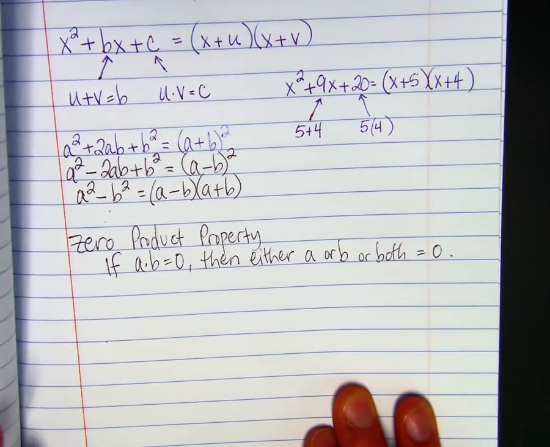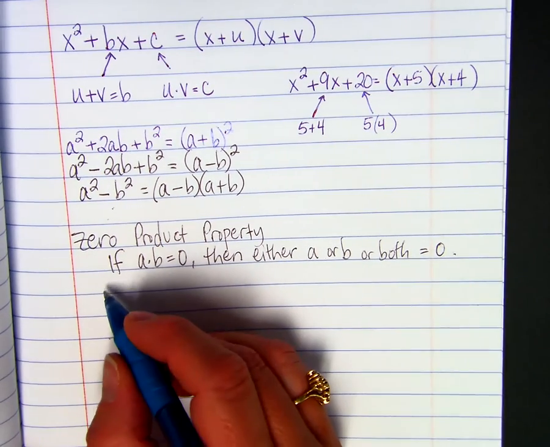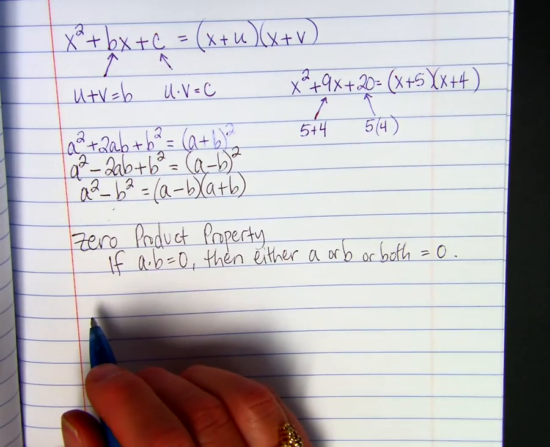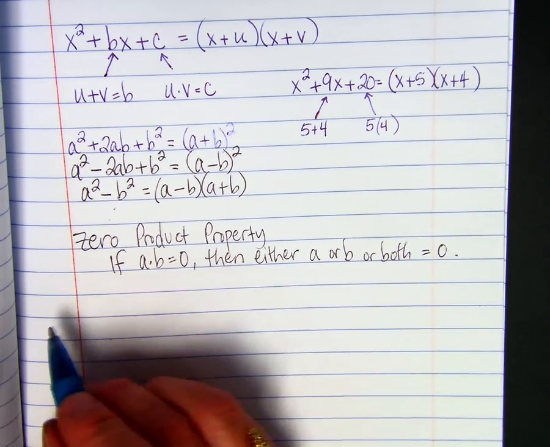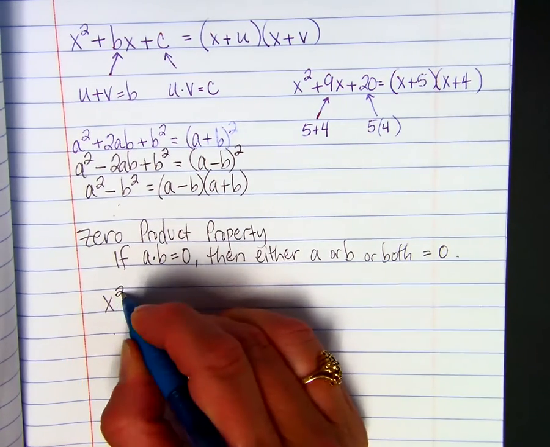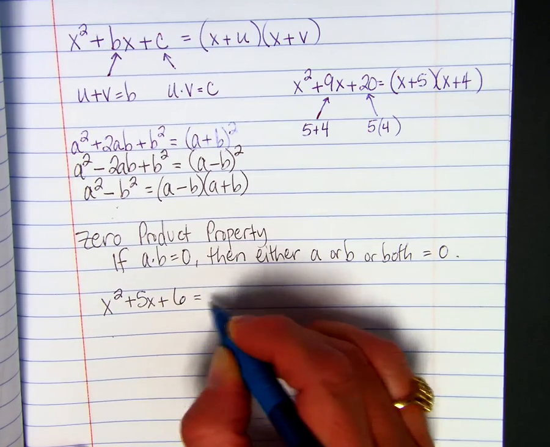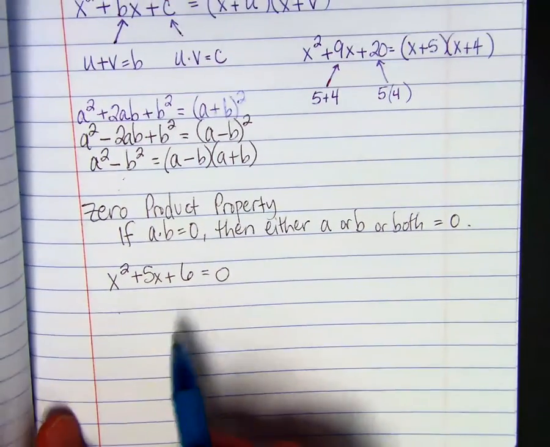Zero product property. So if you are asked to solve an equation, so that means there's an equal sign, and there's a polynomial on one side, you want to have 0 on the other side.